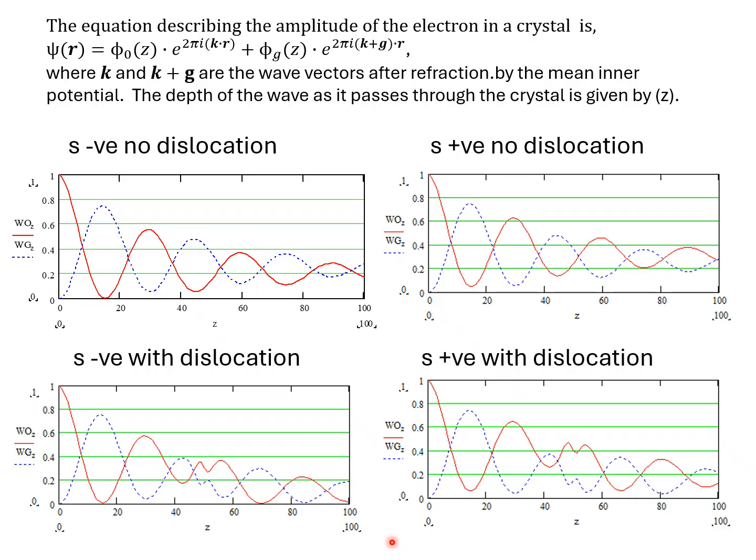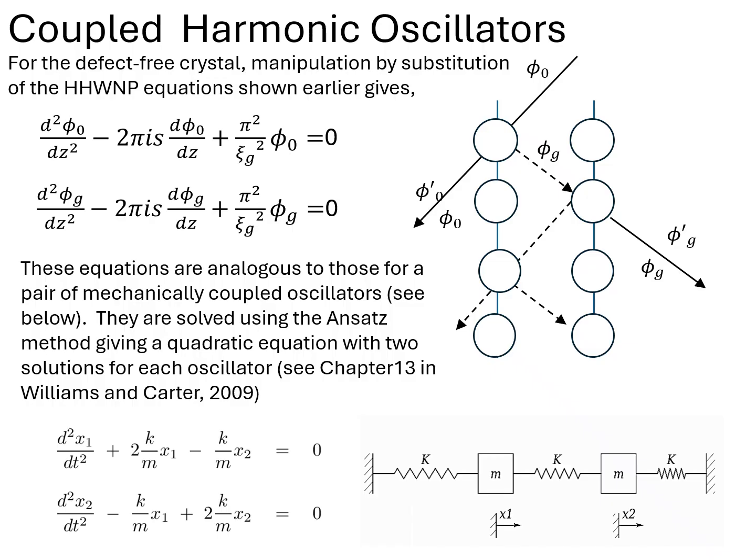So the time factors out, and we're just looking at the distance. But in doing that, we can come up with a solution because it's a static solution for those wave equations. Now it turns out for the defect-free case, let's not complicate it now, where there are no dislocations or stacking faults.